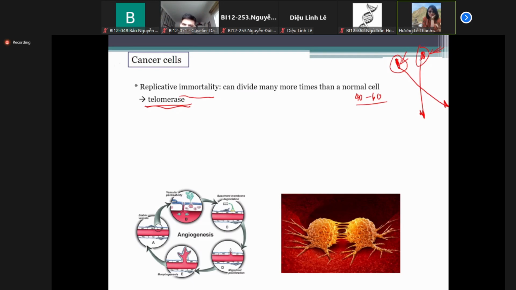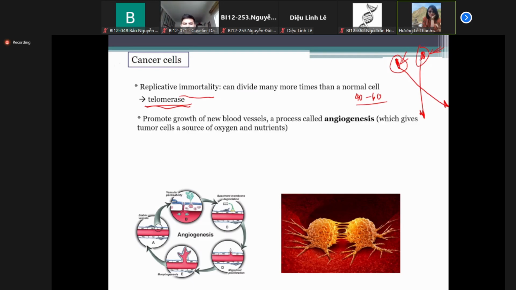Next, they can promote the growth of new blood vessels through a process called angiogenesis. Angiogenesis là quá trình tạo mạch in Vietnamese. Angiogenesis gives the tumor cells a source of oxygen and nutrition.